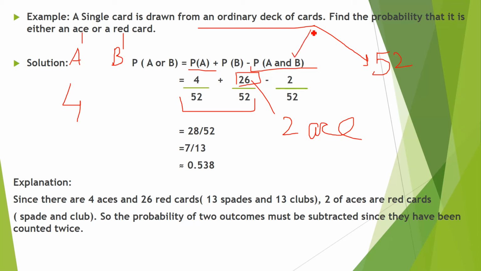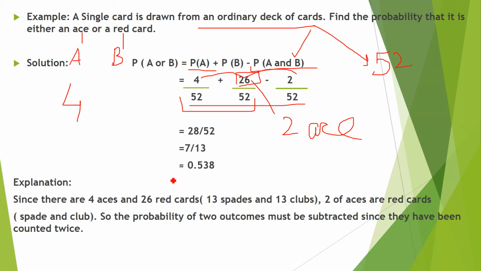So this is the reason why we subtract the duplicated value. This is for the duplication. In this example, our 2 aces are duplicated, so we have to subtract 2 over 52. See, now the denominator is equal, so you add 4 plus 26, 30, 30 minus 2, 28.